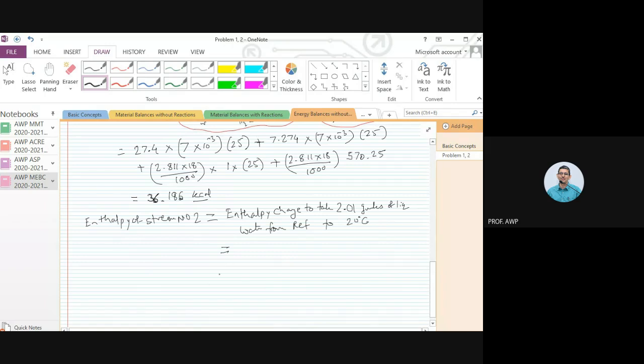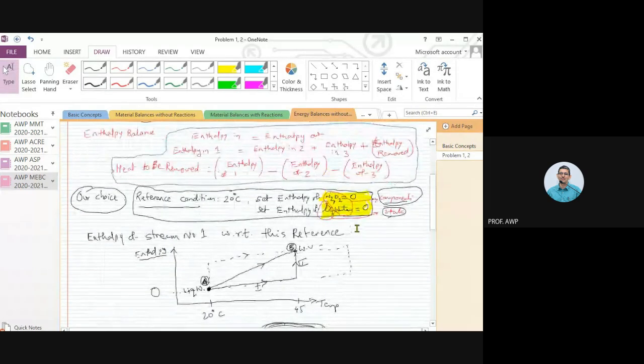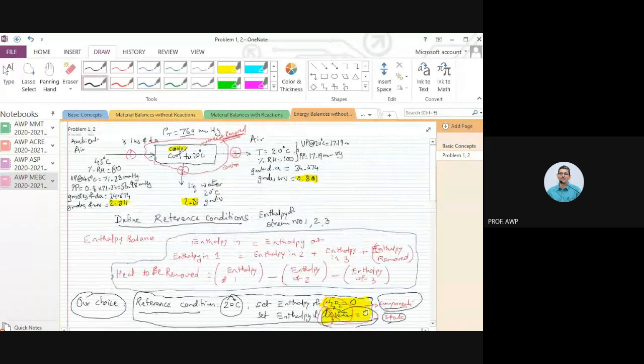Somebody can tell me this? What is our reference? Reference is 20 degrees centigrade, liquid water having 0 enthalpy. What is in stream number 2? Stream number 2 is 20 degrees centigrade liquid water.